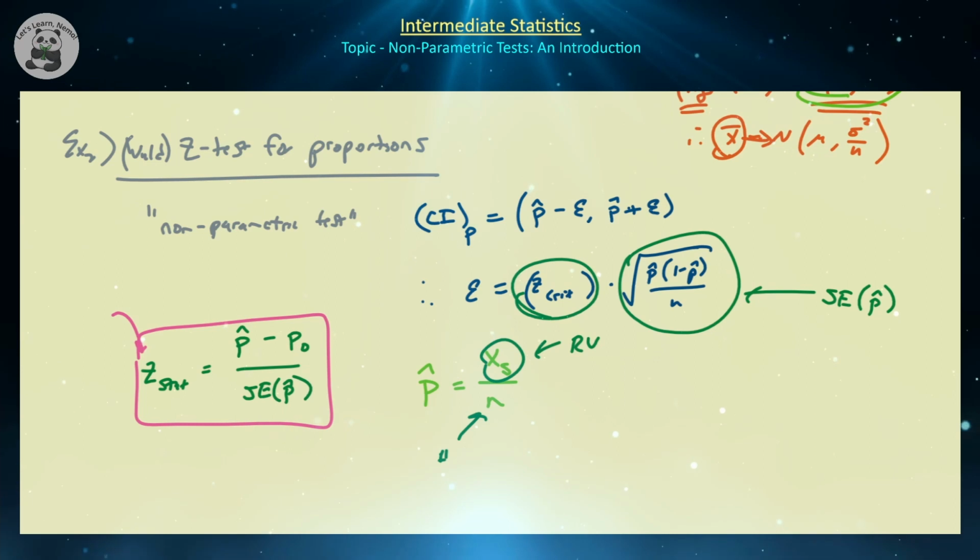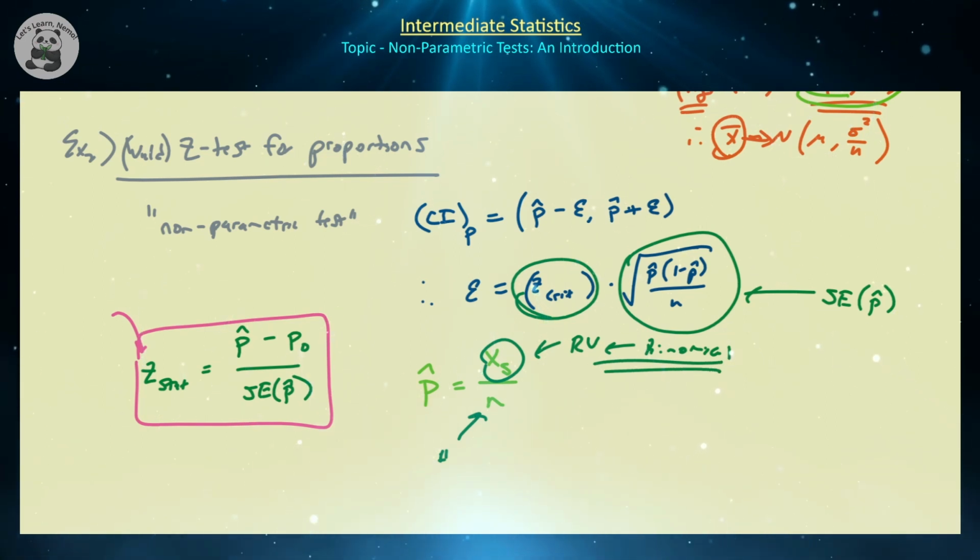And if each of our observations are independent, then this random variable is going to be associated to a binomial distribution. So if X is a binomial random variable and we scale that down by n, then p hat is also going to be in some sense a discrete random variable as well. But generally speaking, since X is random, we treat it as a quasi-continuous random variable, where that discrete random variable can take in some sense a lot of values between 0 and 1.